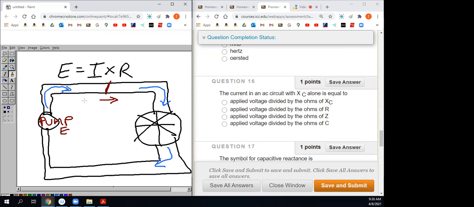So the current is how many coulombs per second are passing through that point in time. The more current you have, the more heat you have, right? And then your resistance to this circuit is the water mill. So it's rotating and doing some kind of work. But if I had a bigger water mill, I would have a bigger resistance. So this is current or amperage, and this is resistance or ohms.